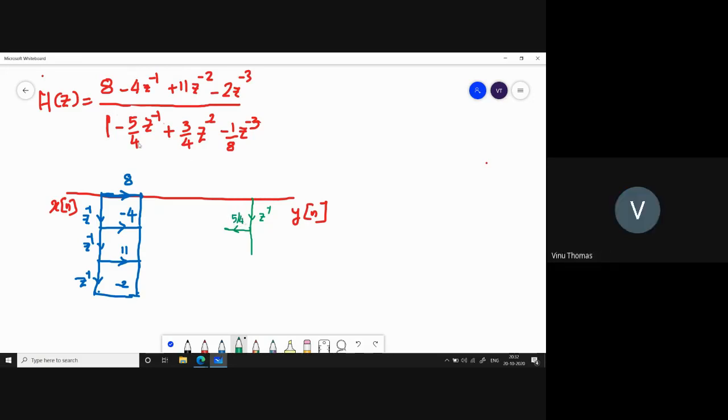So here you see that it's -5/4, but when you write this as y of z by x of z, where both are polynomials in z raised to -1, then you have to invert the signs here. So this is -5/4, this is plus 5/4. What should be this value? -3/4. And what will be the last value? Plus 1/8.